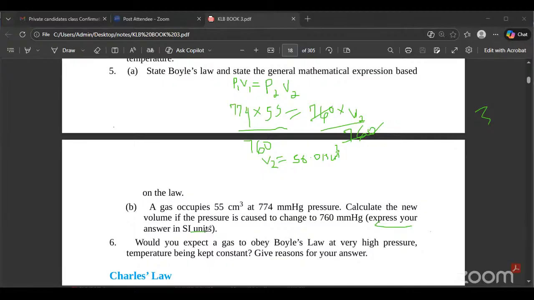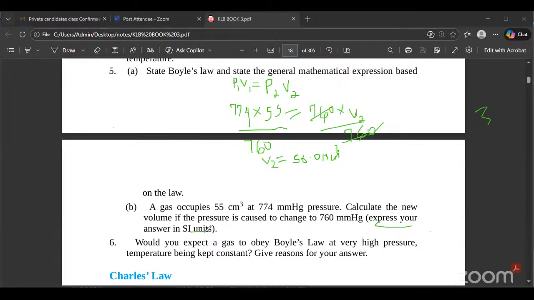Now, do you remember the SI? What do you think would be the SI units of volume, before I even give you the answer? It is very important for you to remember how we normally measure these things.